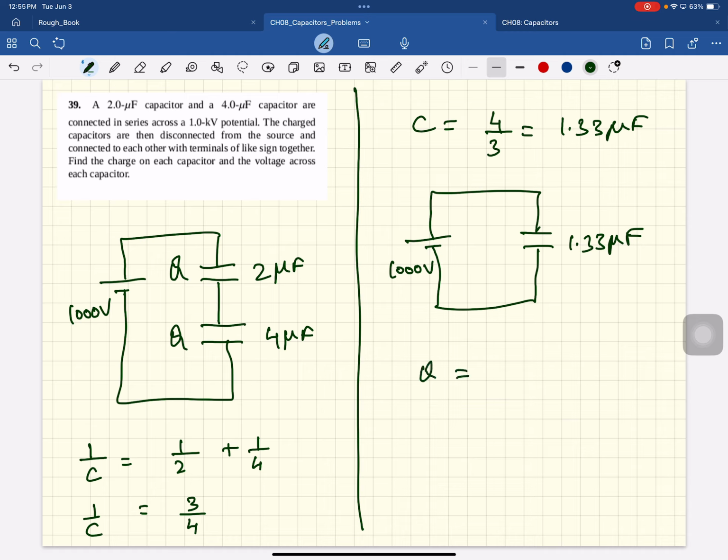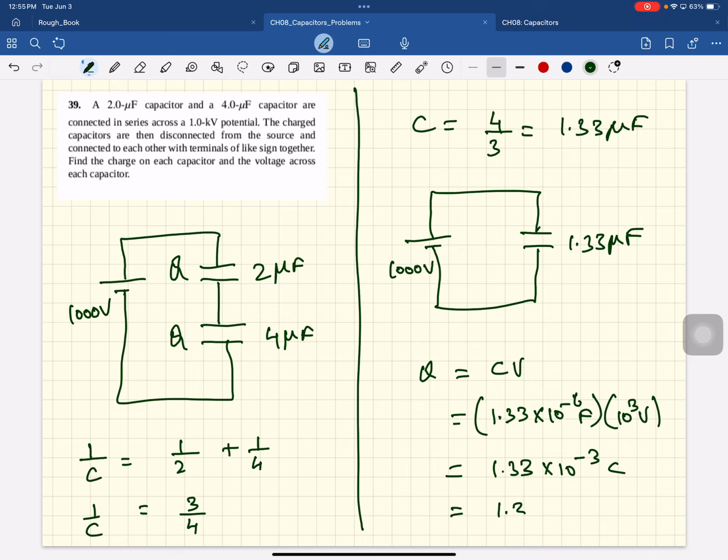Charge is C times V, 1.33 into 10 to the minus 6 farads times 10 to the 3 volts, 1.33 into 10 to the minus 3 coulombs. All right, so in each of them, the charge is 1.33 millicoulombs.